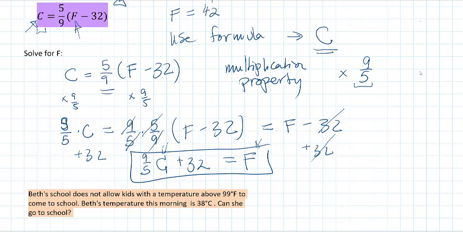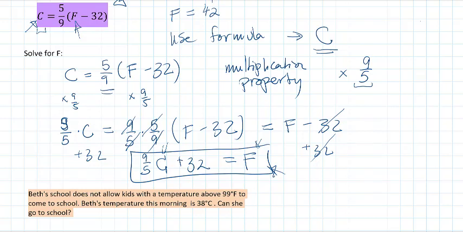If we had this equation originally, we could say, well, solve for C. In that case, we would have to move the 32 over and then multiply by 5/9. But since we started with this equation here, we only had to solve in one direction.